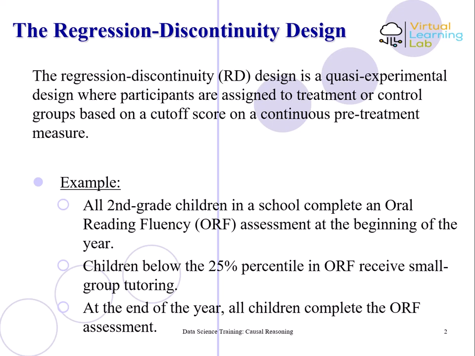So, for example, if there was a group of second grade children that complete an oral reading fluency assessment, and then children below the 25th percentile in oral reading fluency are eligible for small group tutoring and receive that tutoring, and then at the end of the year data is collected on all children. That would be a regression discontinuity design.